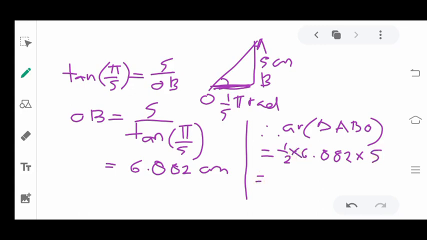So we get the result as 17.205 centimeter square as the area of the triangle.